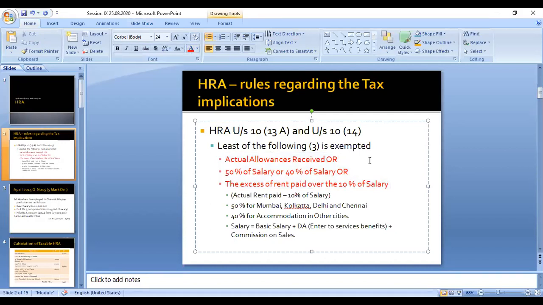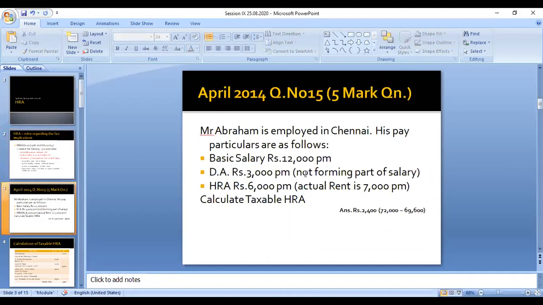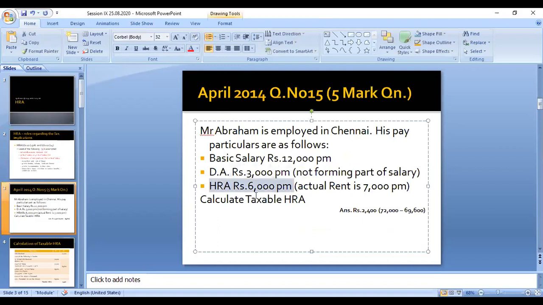The first one is the actual allowance received, right? From the problem, you can understand the actual HRA received. This is the amount received from the employer. So actual HRA received is 6,000 per month. Per month is given, so you have to multiply.